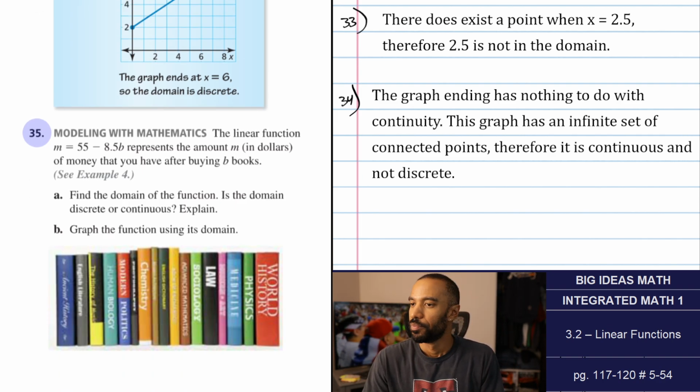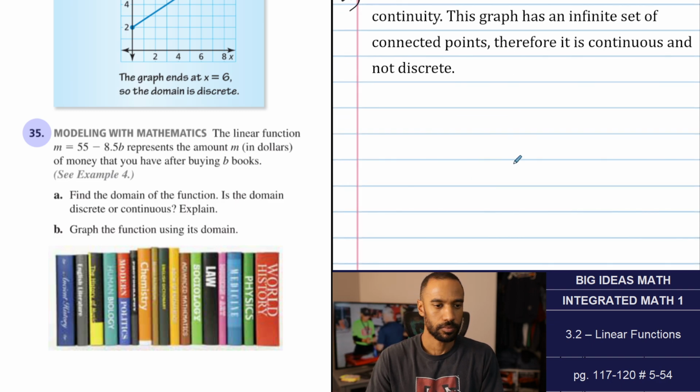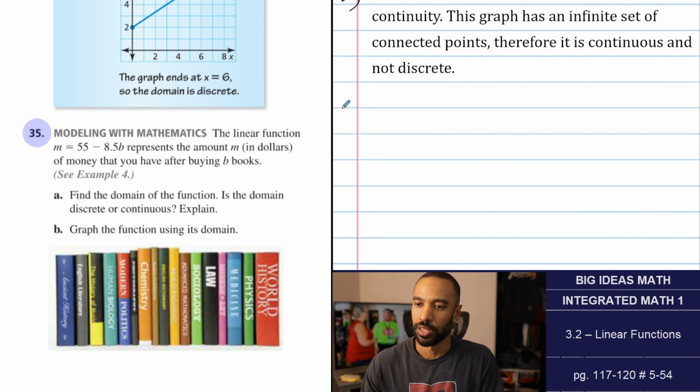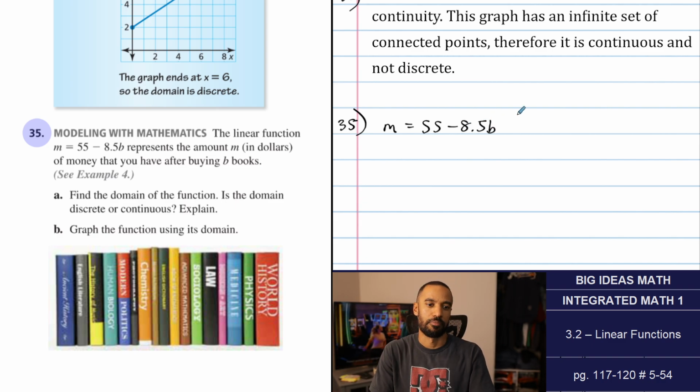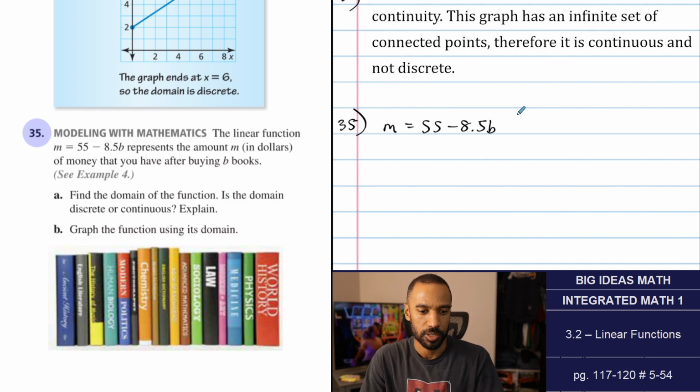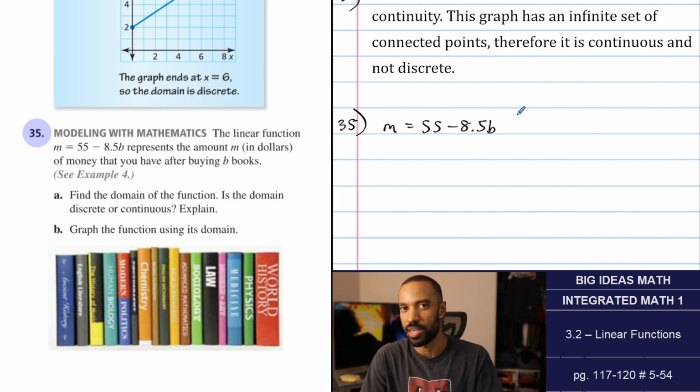There's that. Okay, number 35. Modeling with mathematics. The linear function, and it is linear, m equals 55 minus 8.5b, represents the amount m in dollars of money that you have after buying b books. Now, before I continue on this problem, this m and this b have nothing to do with the y equals mx plus b.